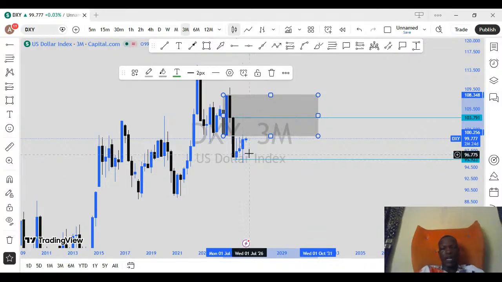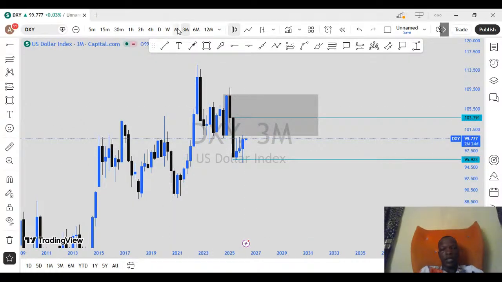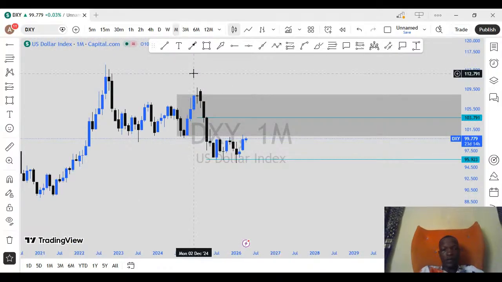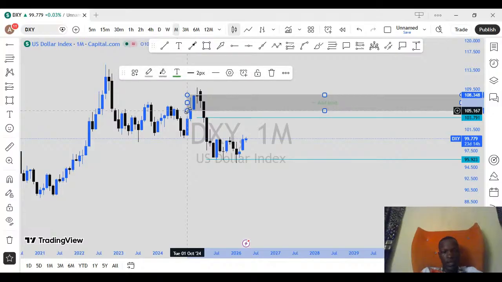For those of us that are in the group already, we can see that the market we bought from here, the market is still going up to this level. Let's go to 1 month time frame. On the monthly time frame, we can see that market is still going up, but we want to refine our supply to the last bullish candle.